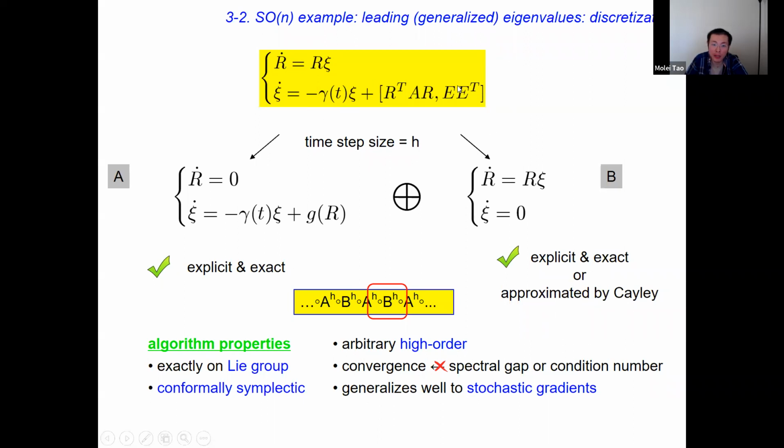But if you use this dynamics-based approach, you actually can prove a good generalization to cases where A becomes stochastic. So that's another advantage of this approach.